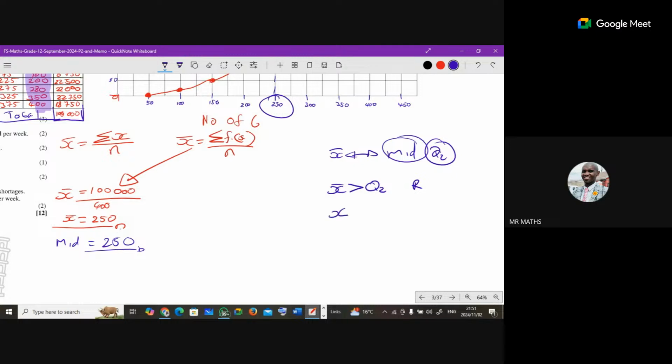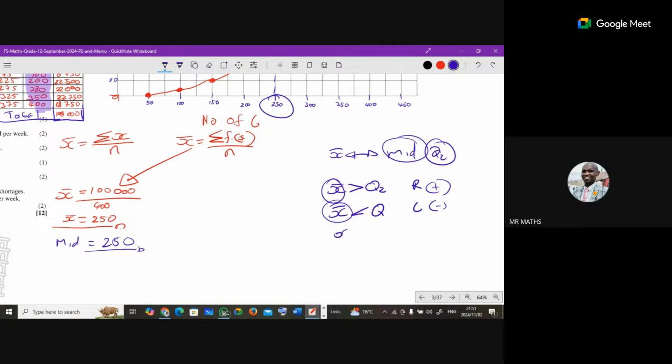If the mean is less than the median, the mean will be on the left-hand side of the median, so it's going to be skewed to the left, or negatively skewed. Are we together? Yes, sir.